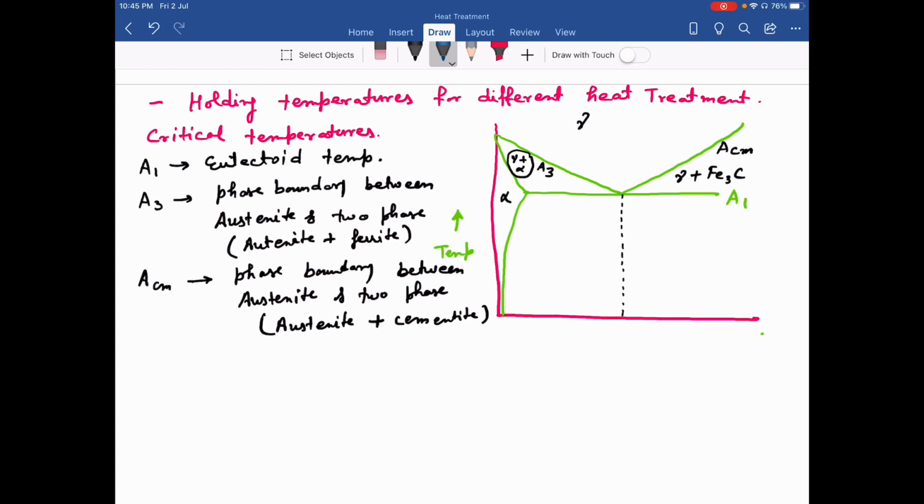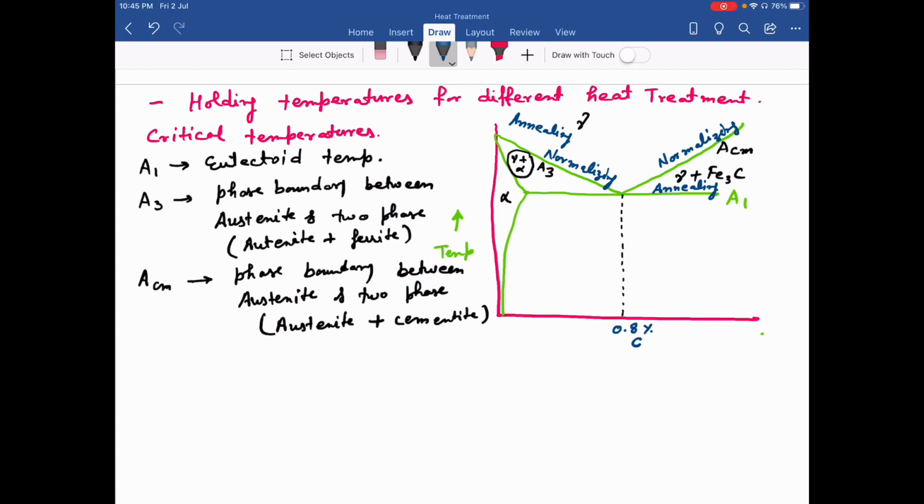Okay, so here this one is normalizing. Above this A3, I have the normalizing process. Okay, then here also I have annealing. Okay, so this line is corresponding to 0.8% of carbon. Okay, this is for normalizing. Okay, so for this region here I have the annealing.